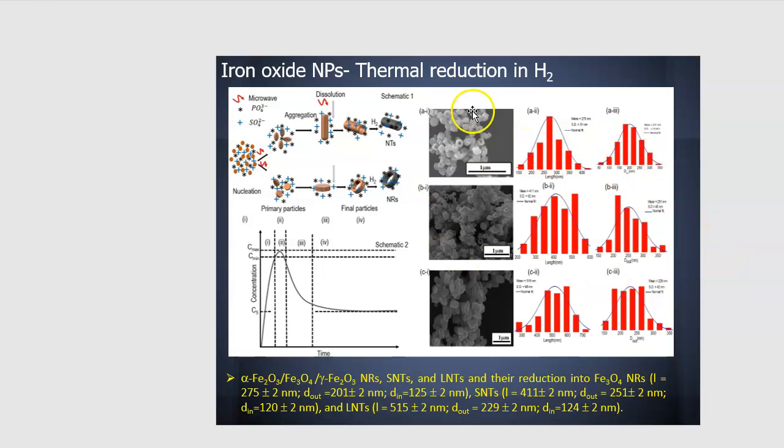Here you can see the iron oxide nanoparticles after thermal reduction in hydrogen environment.